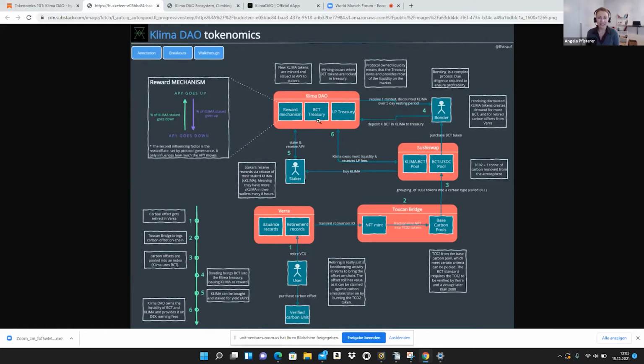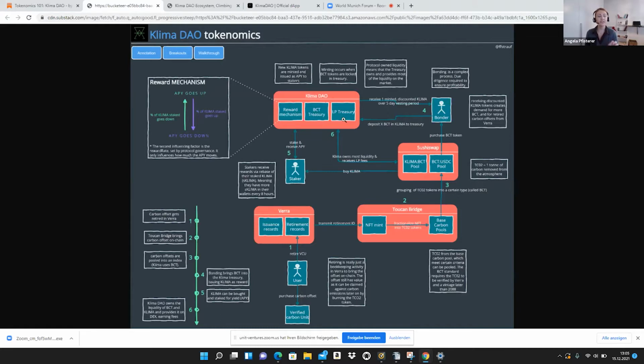So actually quite an old principle, and it got me intrigued a little bit. So we have the Klima token and the base carbon tons, which is what will be locked in the Treasury. They have a second part that they take in as potential asset, and these are liquidity pool tokens. They have two different liquidity pool tokens.